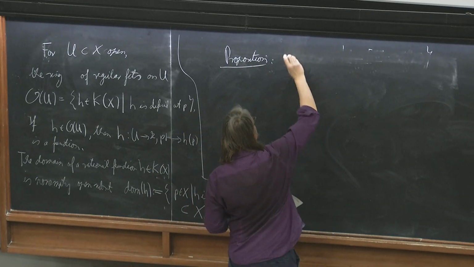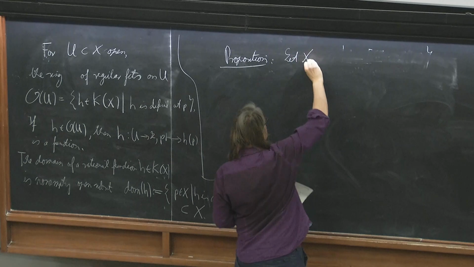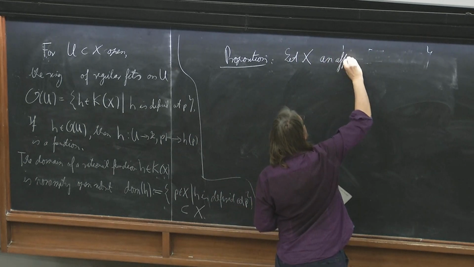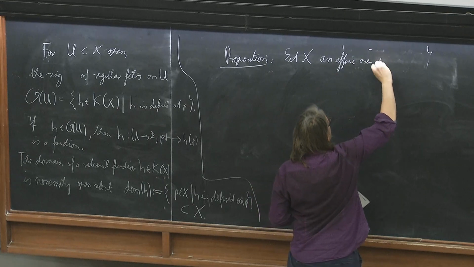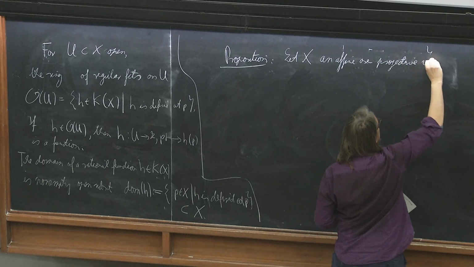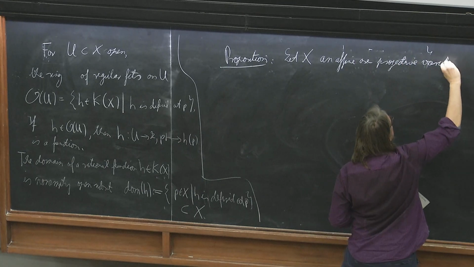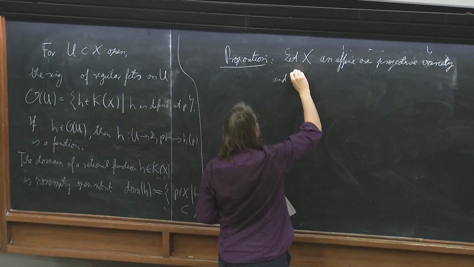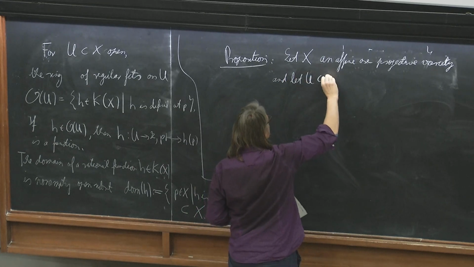So now let X be an affine or projective variety, and let U subset X be a non-empty open subset.